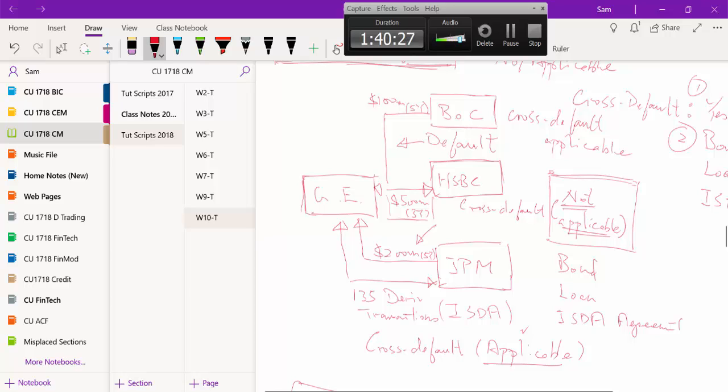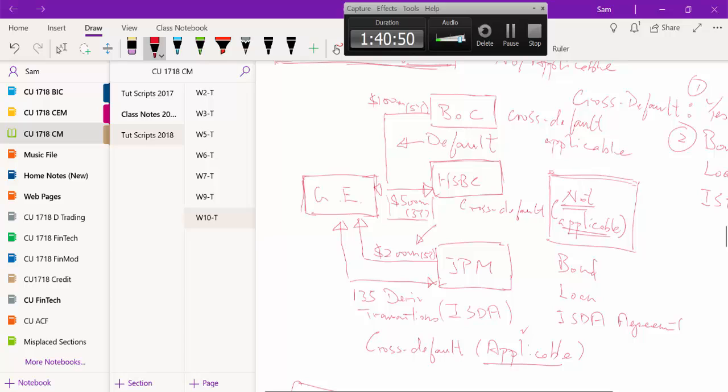So HSBC now will have a right to pick up the phone and say, pay me my money. As for BOC or JP Morgan or banks A, B, C, D, E, F, G, what they can do would depend on what they negotiated with GE in their borrowing contracts.